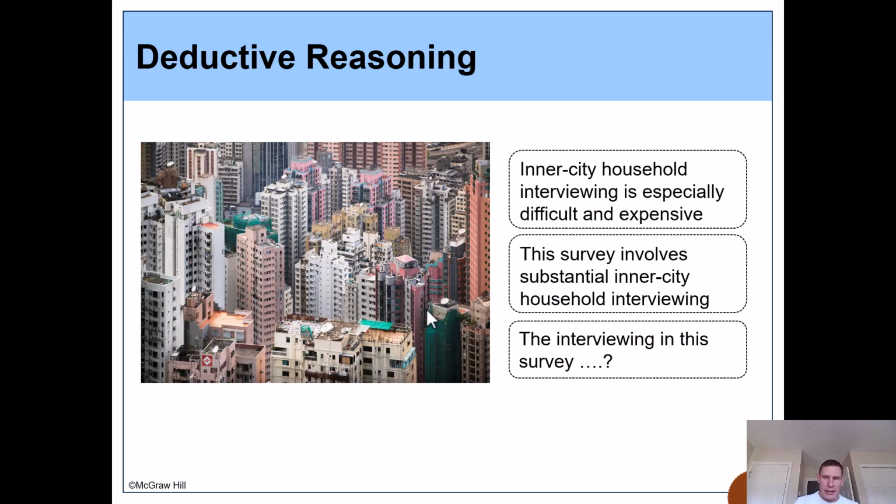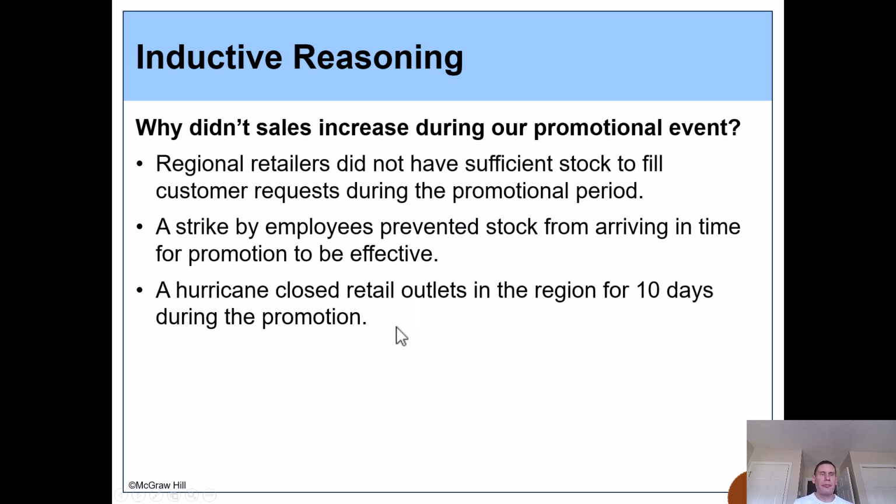So deductive reasoning: inner city household interviewing is especially difficult and expensive. This survey involves substantial inner city household interviewing, and so the interviewing in this survey will be difficult and expensive. So again, you have this idea of deductive reasoning. There are different ways that you could say this to try to draw out the meaning, if you will.